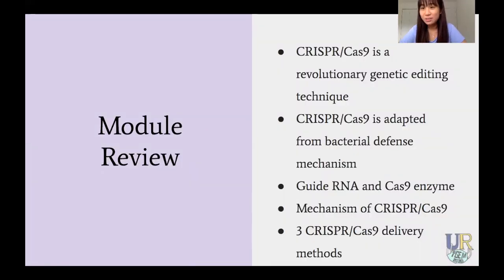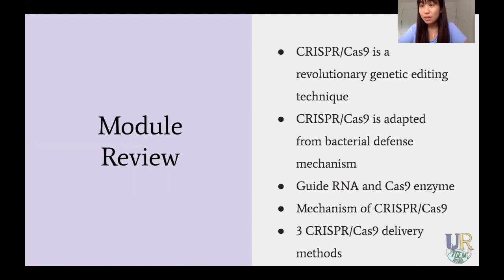So that concludes today's module. I hope you guys had some fun learning about CRISPR-Cas9. I just want to have a brief review of what I talked about today. First, CRISPR-Cas9 is a revolutionary gene editing technique. It allows scientists to specifically cut a gene at the desired location, as well as add new functional DNA into the genome.